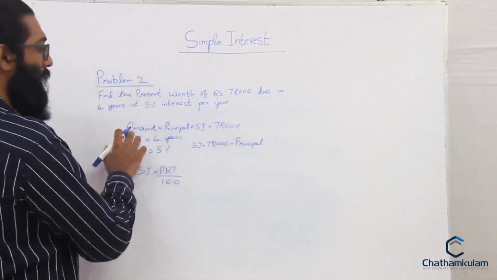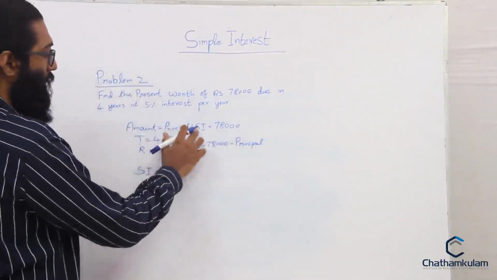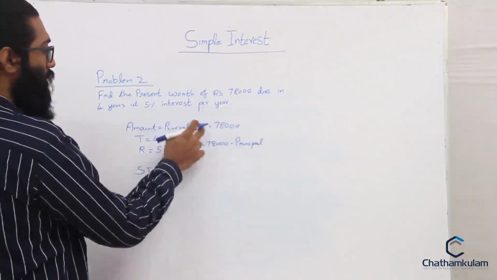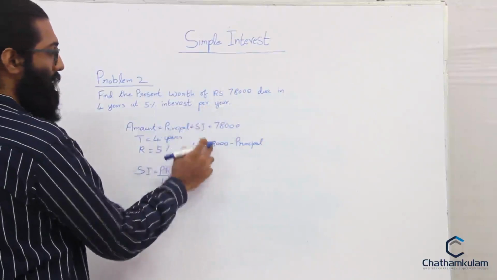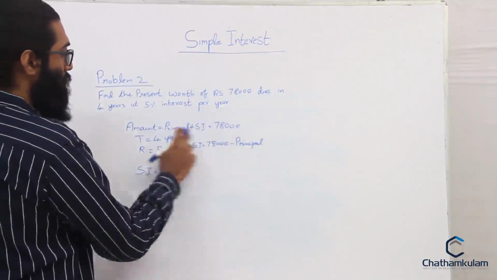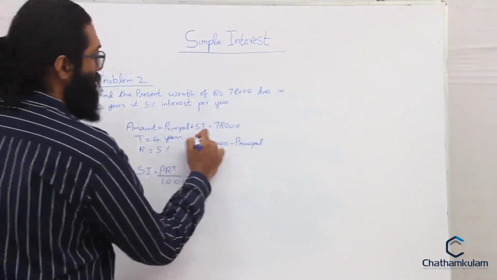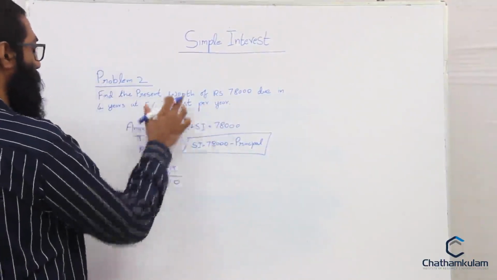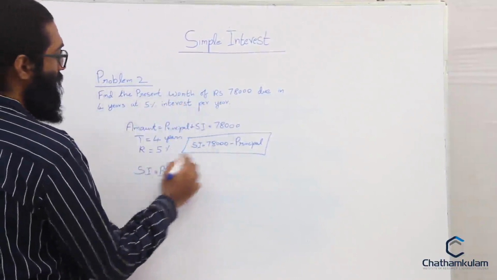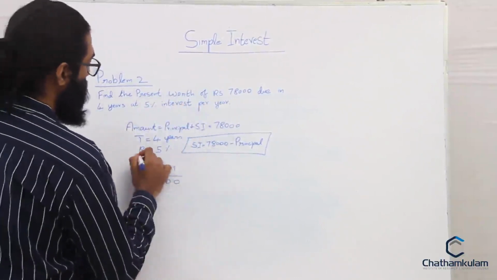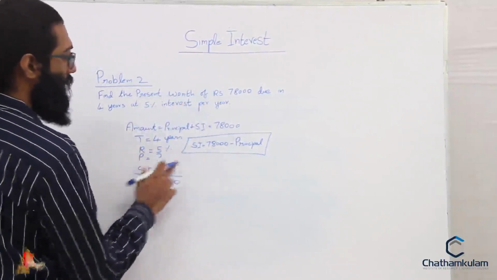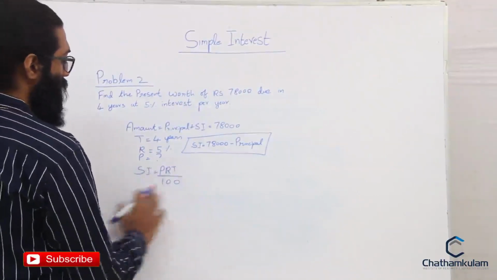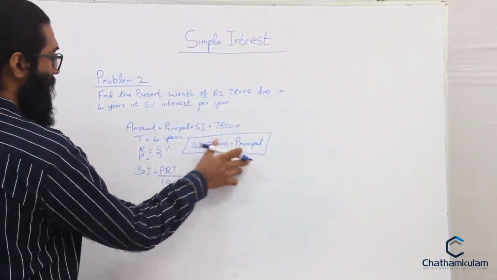Here amount equals principal plus simple interest, and the amount is 78,000. So we find simple interest as 78,000 minus the principal amount. What we have to calculate, to find the present worth, is the principal amount. P equals question mark, we don't know the principal amount, so we have to calculate it from this formula.